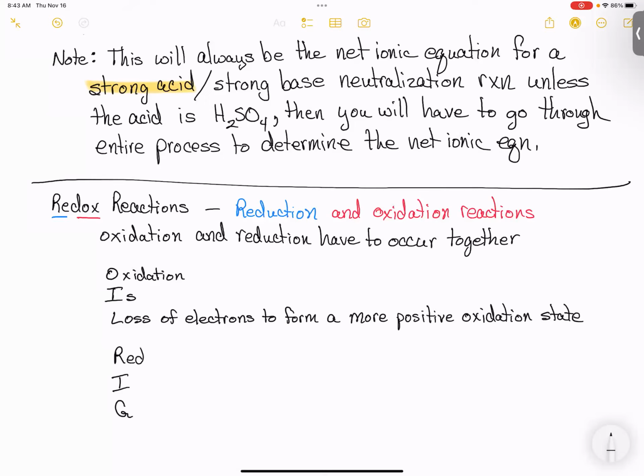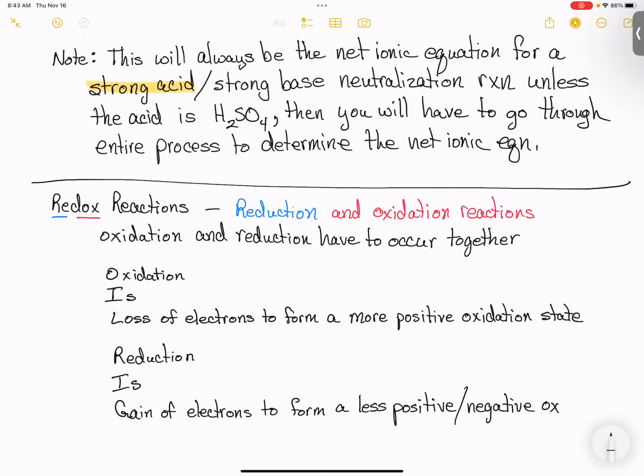Reduction is gain of electrons to form a less positive or even negative oxidation state.